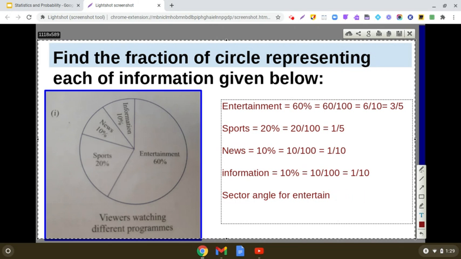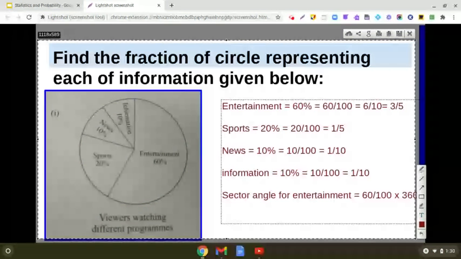So this central angle, sector angle for the entertainment is constituting 60% of 360 degrees. So that means 60 upon 100 into 360. So what is the answer?